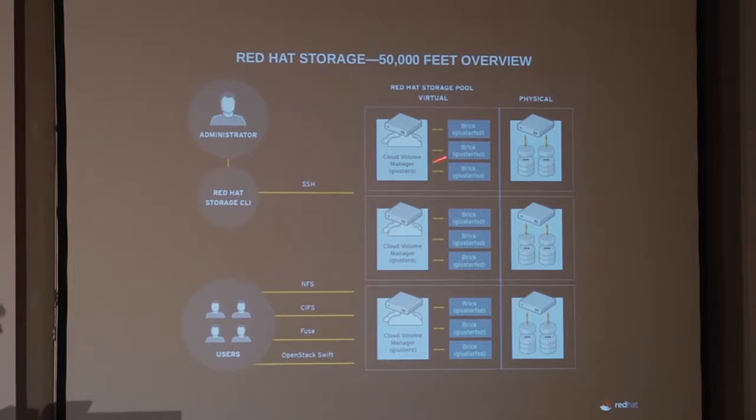The Gluster distributed file system spans across those and aggregates the storage in each physical box to export a common mount point, which you can access via NFS, CIFS, FUSE, or OpenStack Swift. That's the core 50,000 feet view, and we'll drill down into more details as we go on.